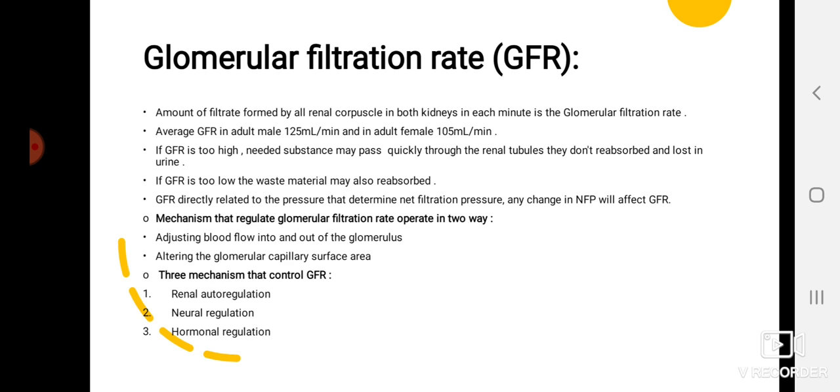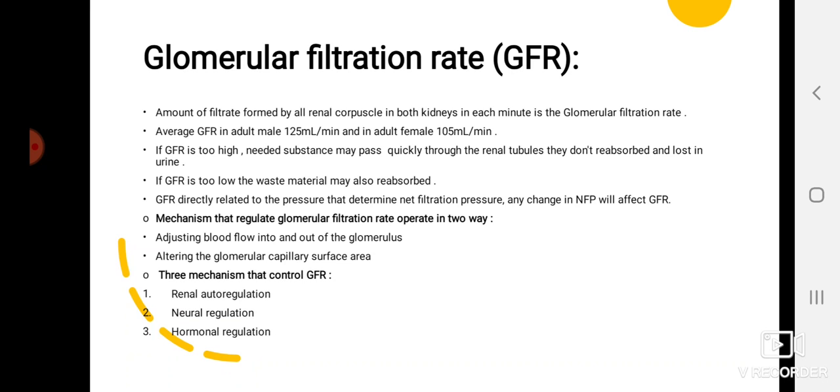So if the glomerular filtration rate is high, what does our body do for this? And if the filtration rate is too low, how does our body give feedback and cope with these two conditions, first the high and then the low? To control the glomerular filtration, our body performs three mechanisms.